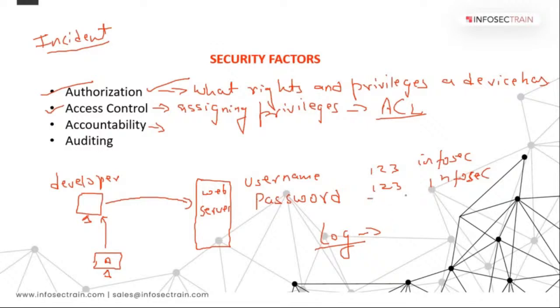So when you enter a wrong password, even that log is created. That log will be sent to a person who is monitoring the whole network. So he found that this particular developer has entered the password wrong twice, and he will ask the developer why is that.